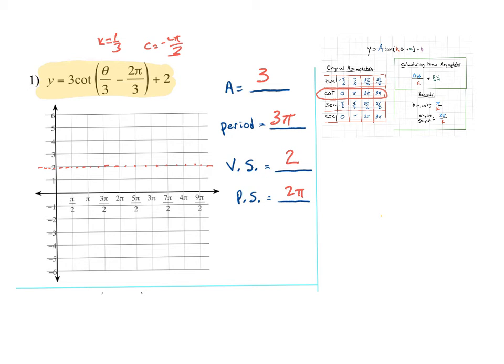And the transformation is the old one divided by k, which is 1/3, plus the phase shift, which is 2 pi. 0 divided by 1/3 is still 0, and when you add 2 pi to that, you get 2 pi. So my new asymptote, the one that used to be 0, is now at 2 pi. And I'm going to dash in, right down the 2 pi line, that asymptote.